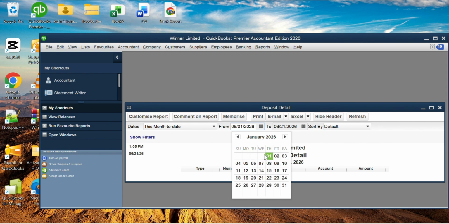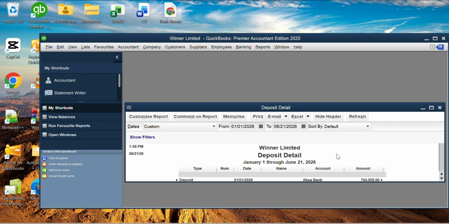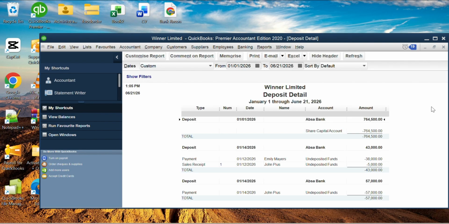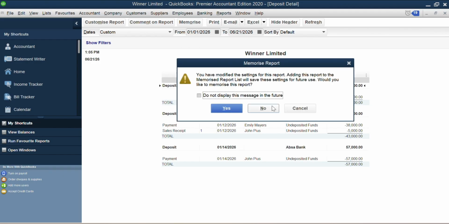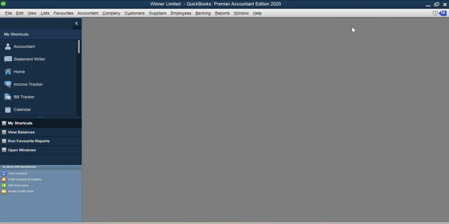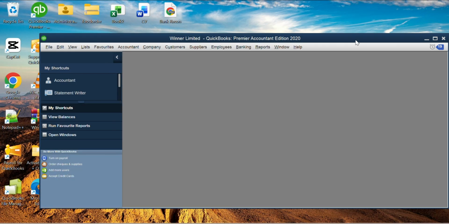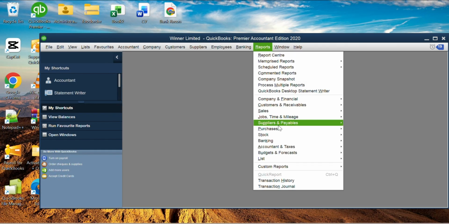But in a big manufacturing company that has stock, you will realize that there is an opening stock, there are purchases, and then there is also closing stock. Here we can also check how the bank account has been working. You can see now we are checking for deposits. The money that we received, how was it? How many people made payments to us?